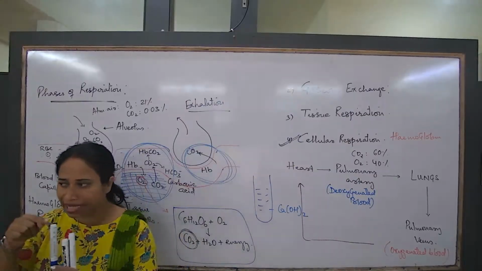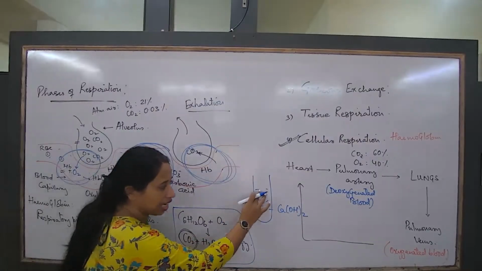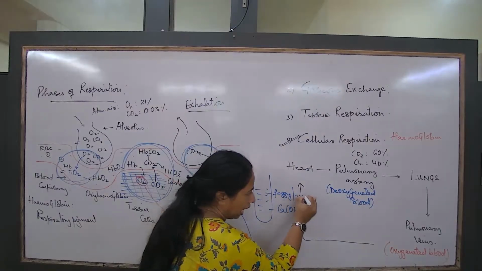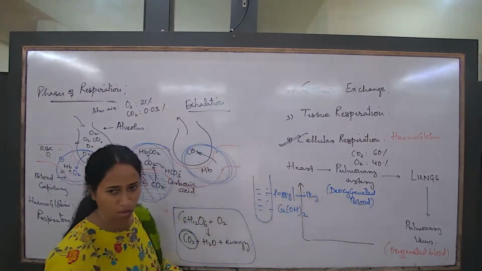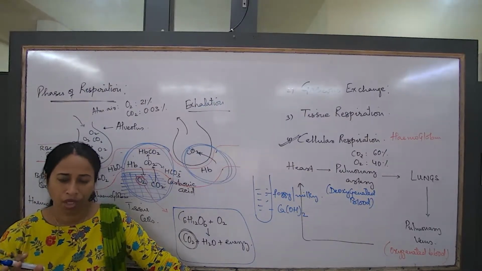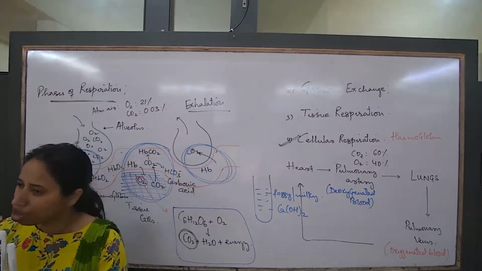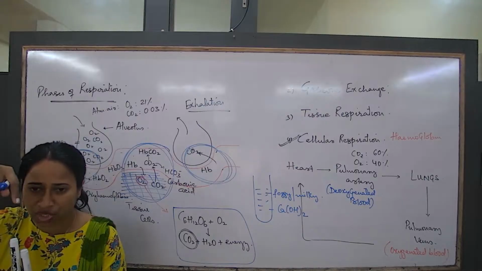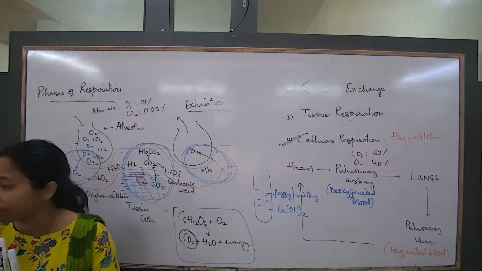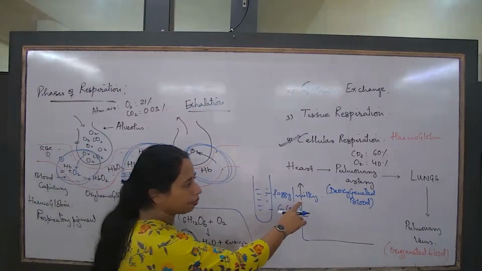If we keep doing this, in hardly 5 to 7 minutes we see that this transparent liquid has started becoming a little foggy, and continued for another 5 to 7 minutes, the entire liquid becomes milky and whitish.